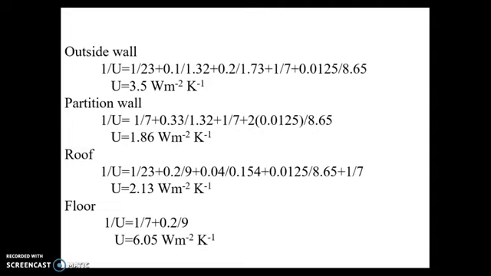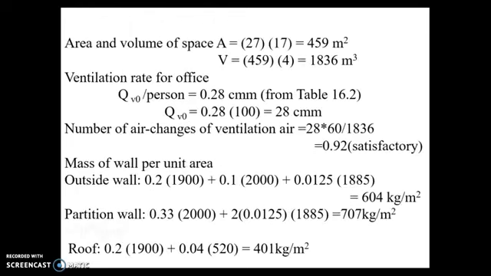That value is 1.86 watt per meter square Kelvin, and the heat transfer coefficient at the roof is 2.13 watt per meter square Kelvin, and finally we find the overall heat transfer coefficient at the floor. At the floor, U value is 6.05 watt per meter square Kelvin.